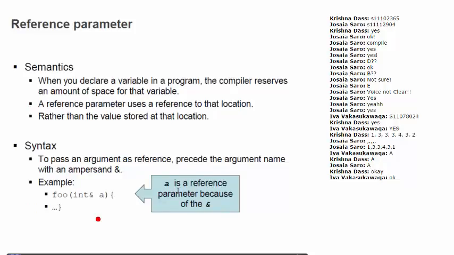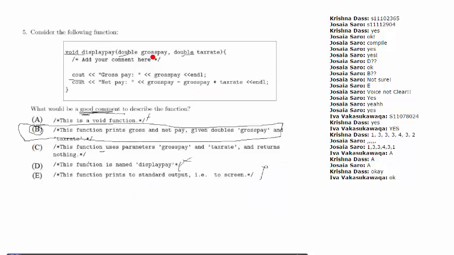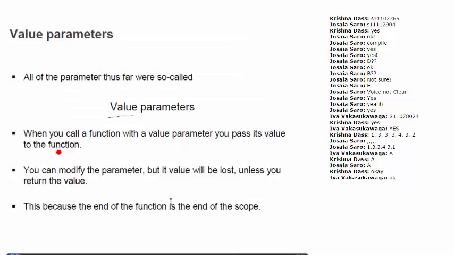right? Now to make the value that is changed here remain, we use something called reference parameters. In reference parameters, the only thing in the syntax is what you call the ampersand sign. On your keyboard, on the number 7, that is the symbol that you use for referencing.